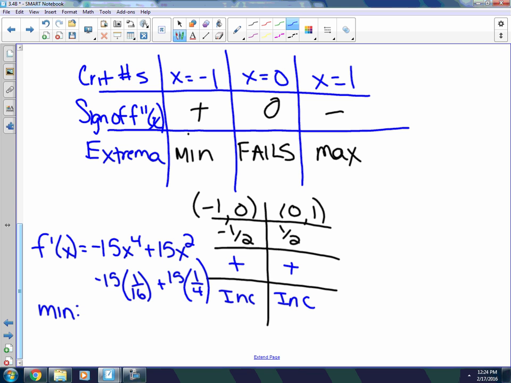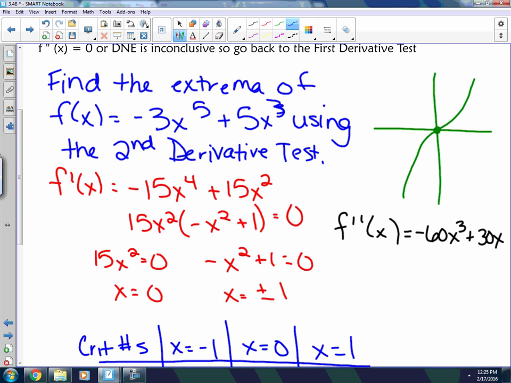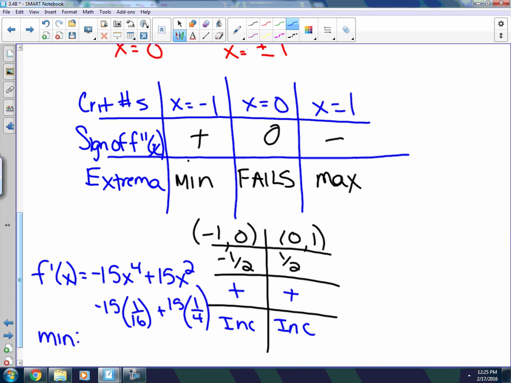So for our min, we're going to plug a negative 1 back into the original. And this will also catch it to see if it's really a point. If we plug a negative 1 in here, negative 2. Okay, so I'm going to go back down, write that in. The min is negative 2 when x equals negative 1.